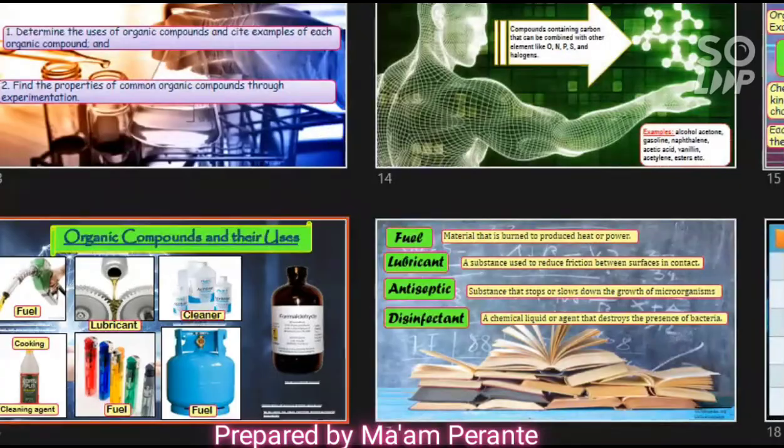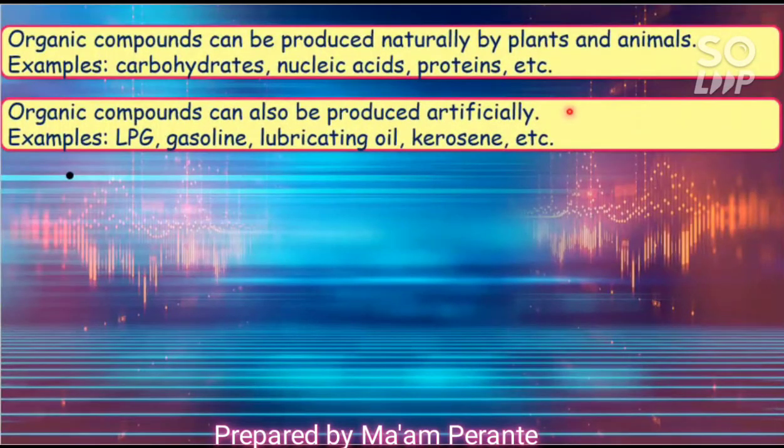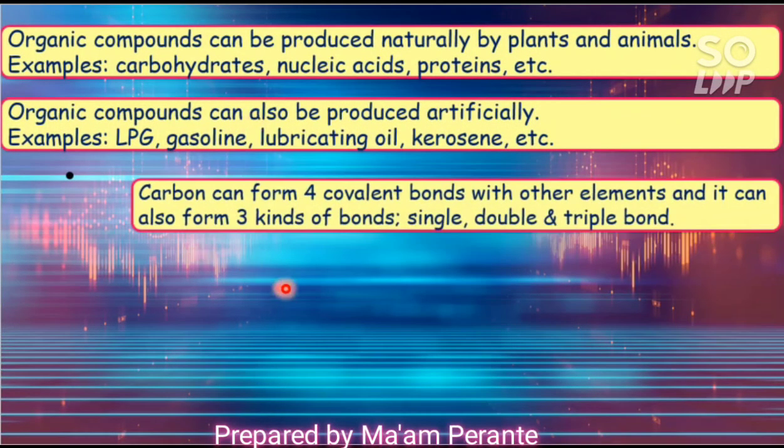So going back to the things that we have to remember, again, carbon can form four covalent bonds because of its four valence electrons. It can form bonds with other elements, and it can also form three kinds of bond: the single bond, the double bond, and the triple bond.